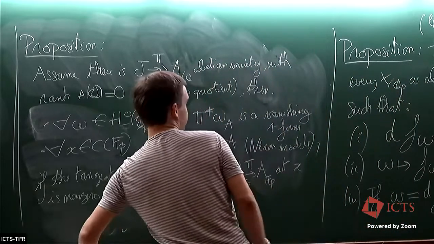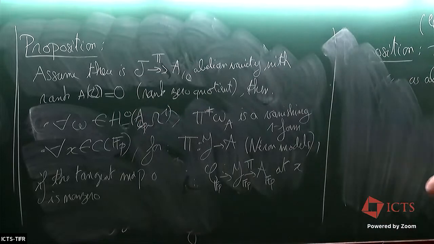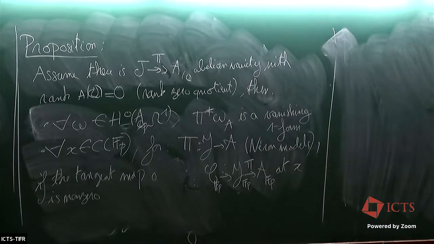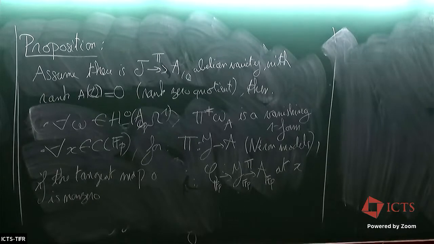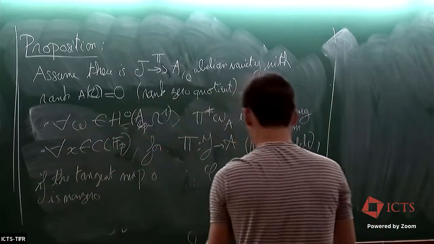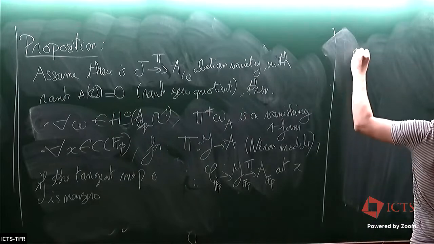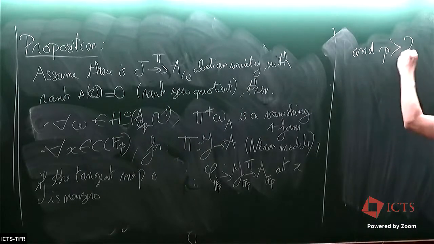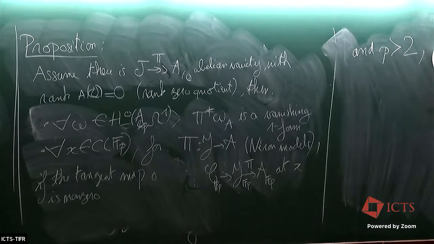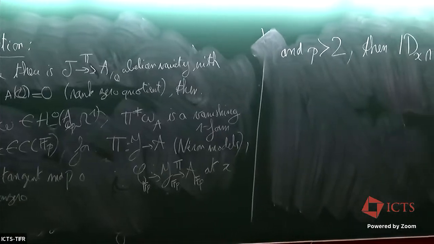In this case, I have a lot of things happening. And the consequence is that if p is larger than 2, then x has at most 1 rational point above it.